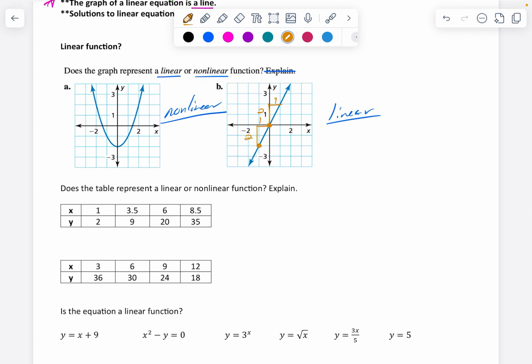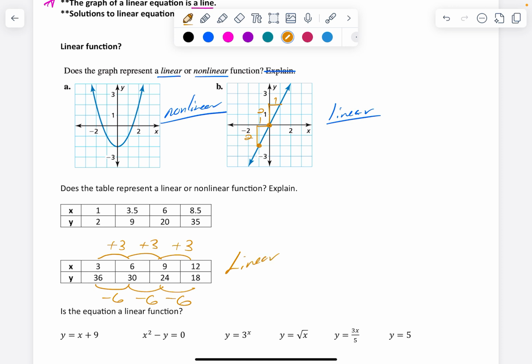So what we're going to look at here is, we're going to do the second one first. As x increases by 3 each time, it looks like y is going down by 6 each time. So as long as those numbers are the same, in other words, all plus 3, and then on the bottom, all minus 6, then it is linear.